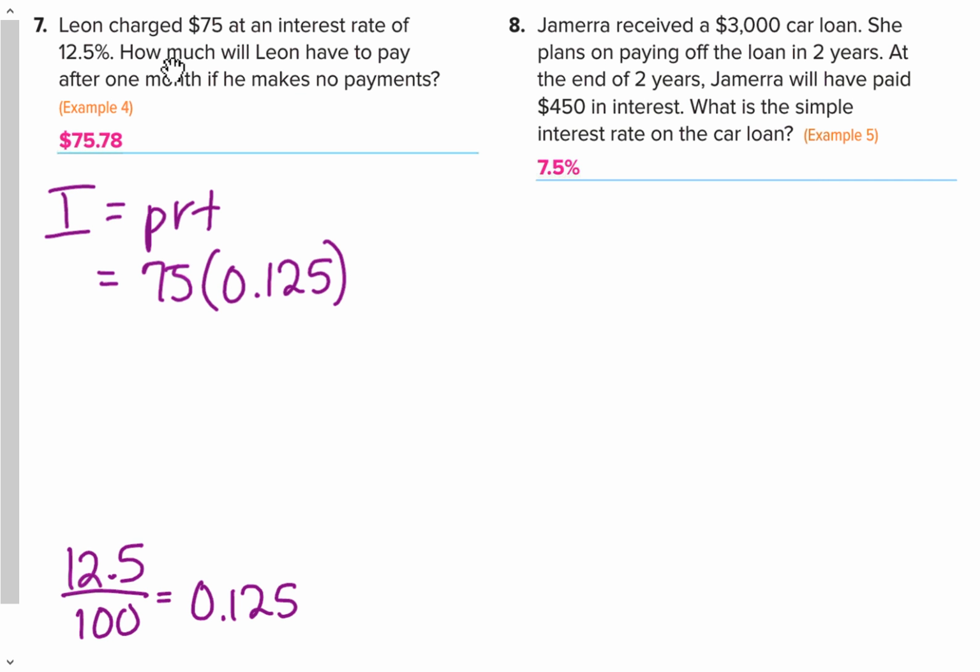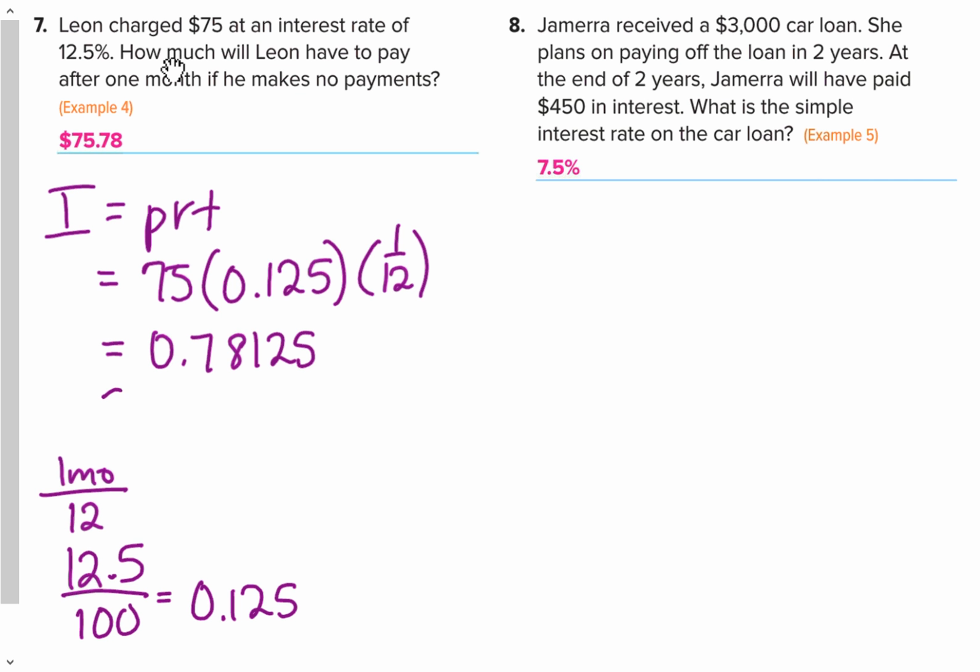And then if we're talking about 1 month, we're going to put that over 12. So 1 over 12. So when I multiply this out, I get 0.78125. So that's just about 0.78.